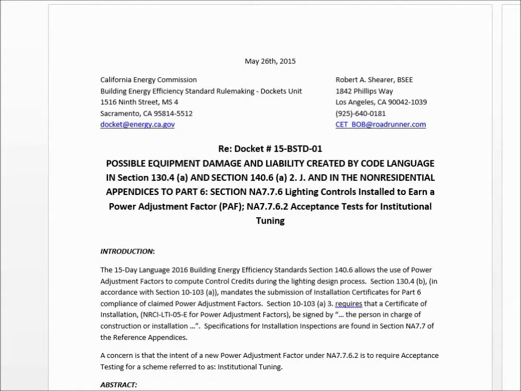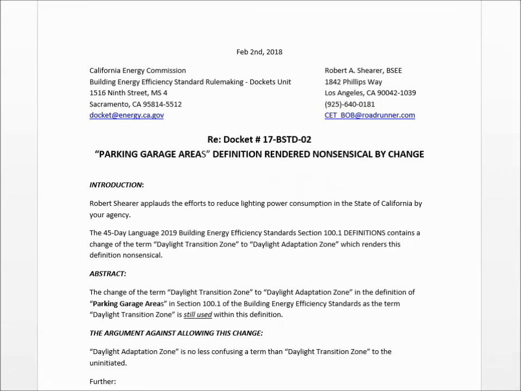The first thing I'm going to do is open up one of my old feedbacks. I do these in Word, and I'm going to have to change the header. For one thing, we know that our new docket is now 17 BSTD for Building Standards 02. You want this information included on your feedback so that the docket processing people don't have a problem with it.